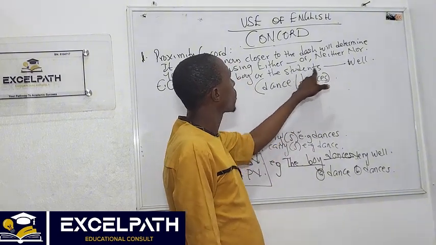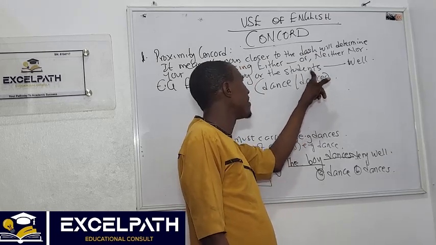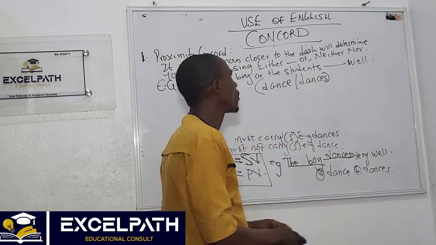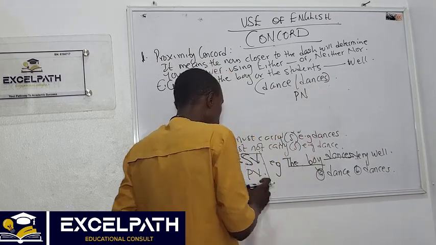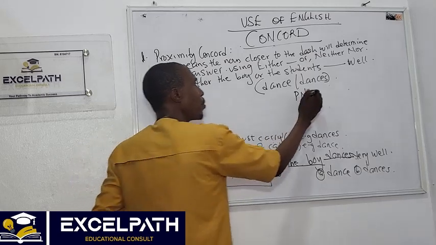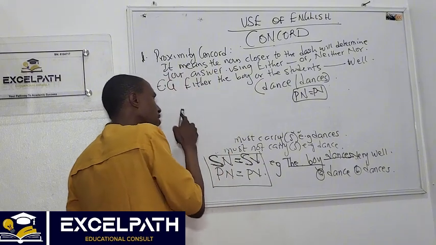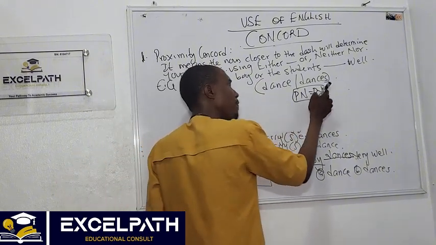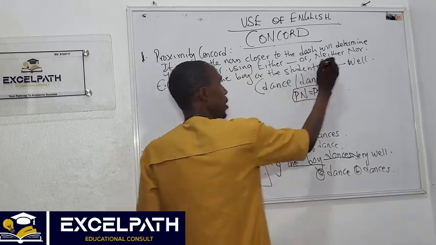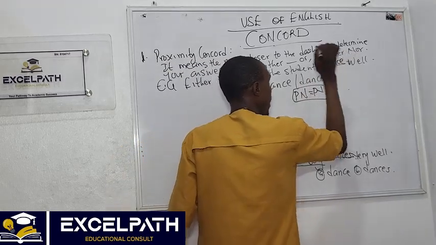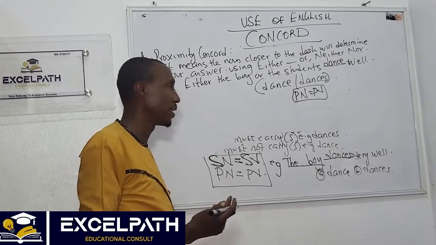Now, what is closer to this dash here? Students. And is it singular or plural? The student there is plural. That's a plural noun. And from the principle I gave you, a plural noun must surely go with a plural verb. And check principle 4, your plural verb must not carry what? S. So the correct answer here is what? Dance. Either the boy or the students dance well.